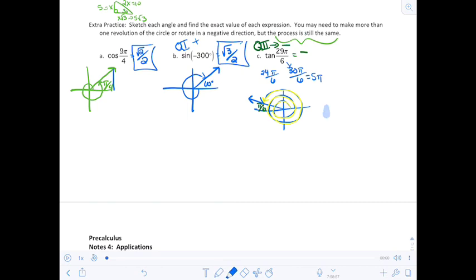The 2's cancel. Negative 1 over root 3, when I rationalize, is negative root 3 over 3. And that is the tangent of 29 pi over 6.